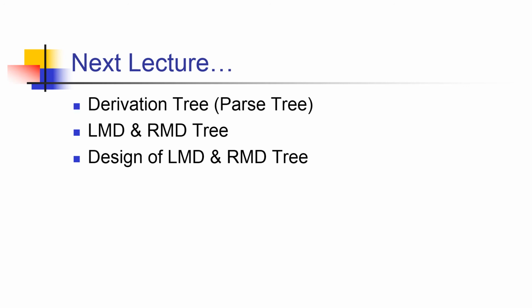What is the LMD tree and RMD tree? In the previous slide itself, I had showcased with respect to the question that for proving LMD and RMD are equal, we require the parse tree. So we are going to focus on the parse tree in our next lecture.